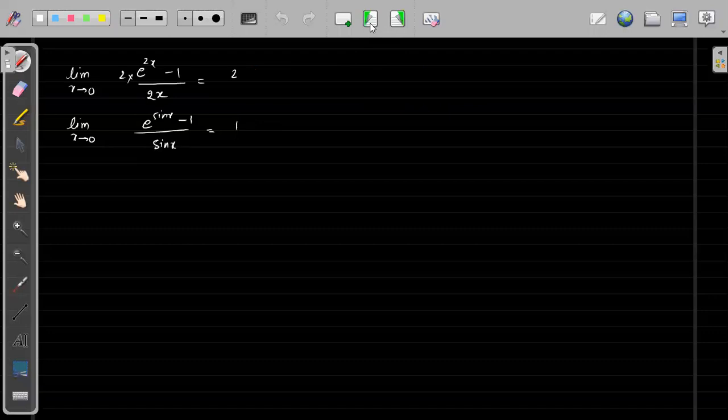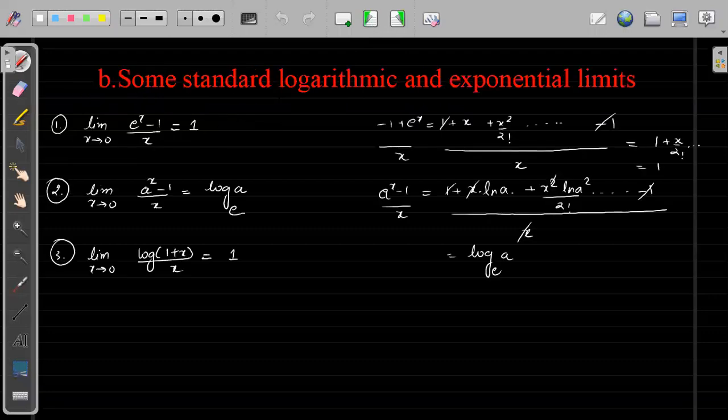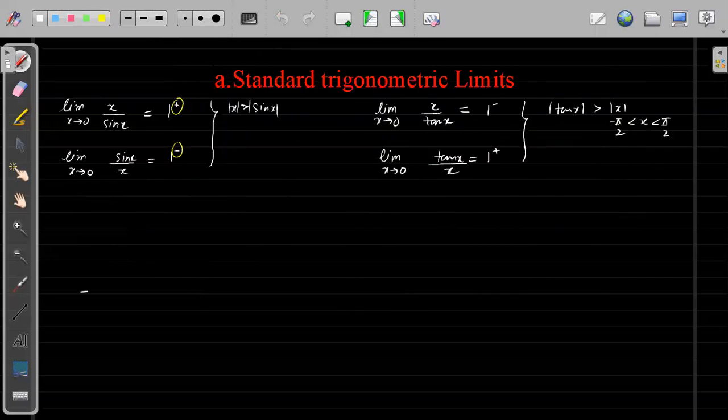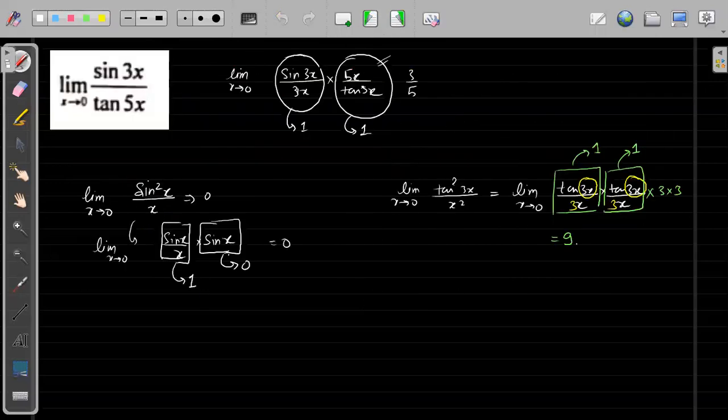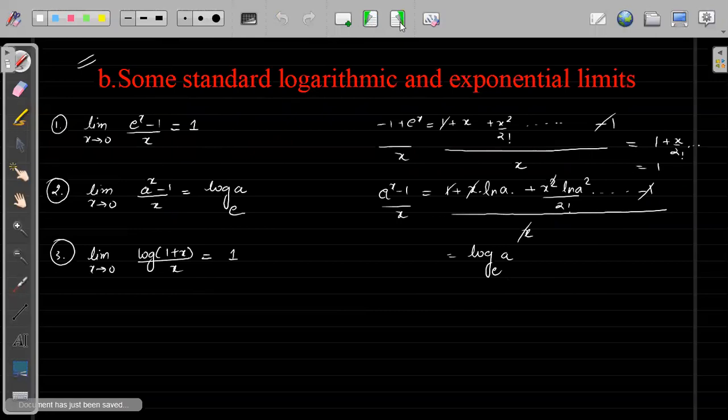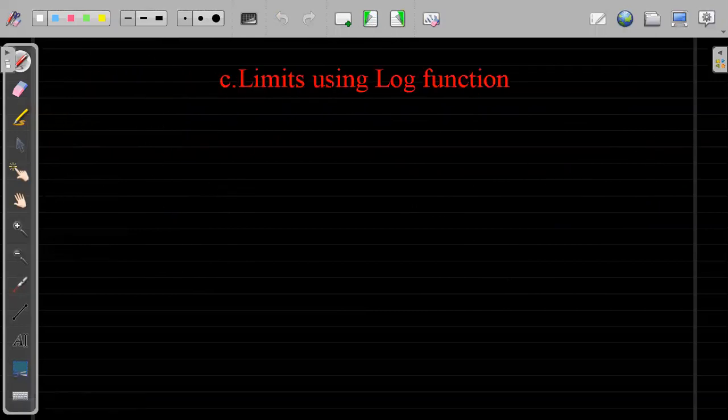Generally you will get questions in Advanced and Mains based on the standard trigonometric form, the standard logarithmic form, and the standard form using log. These three forms are very important, and there is one more special form which we will do on Friday, because that is more complex. But first, these are very basic.